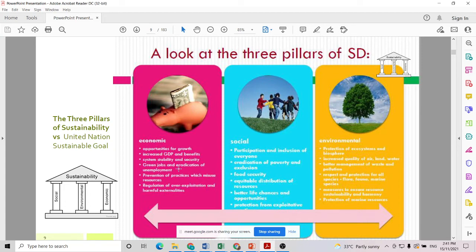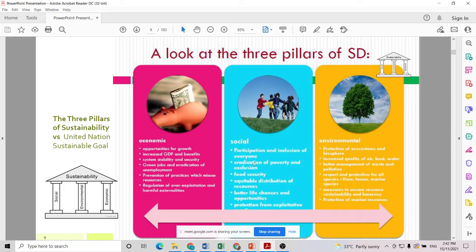Also prevention of practices which misuse resources, and regulation of over-exploitation and harmful externalities. That is the economic side. When we talk about the social side, it will involve participation from the inclusion of everyone.